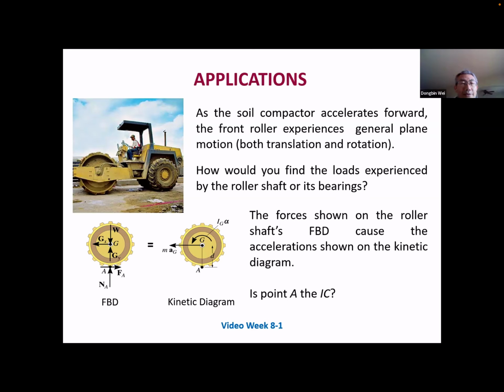Here you can see this roller should be undergoing general plane motion. There may be slipping between this roller and the ground, and there may be no slipping. In this case, I have a similar question as I asked last week for this pin.